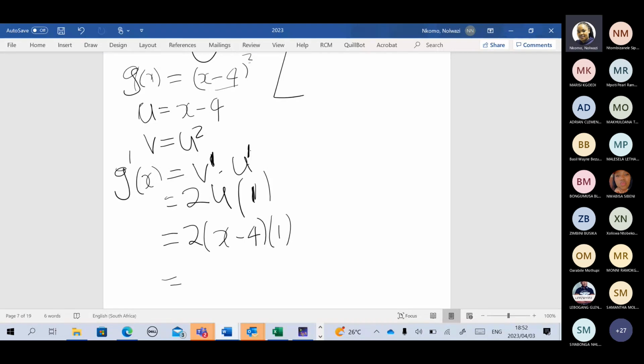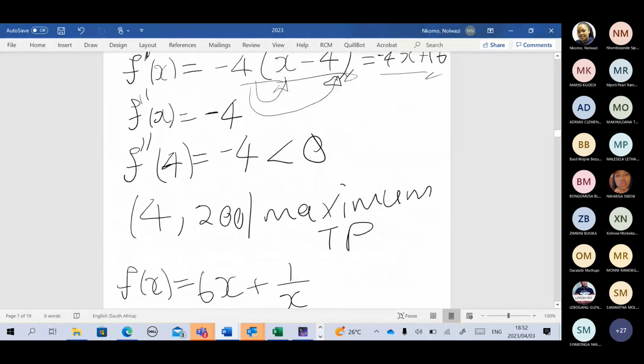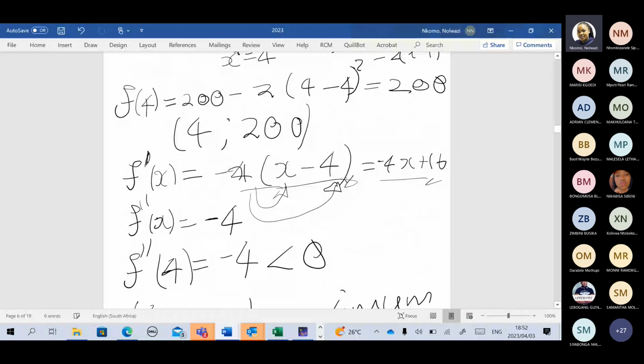The derivative of u is 1. So if you multiply this further, you will have 2 into x minus 4. So that means I made a mistake there. Did I write 4? So we have 2 here. If we have 2, that means we have 2x plus 8, right? 2x plus 8.